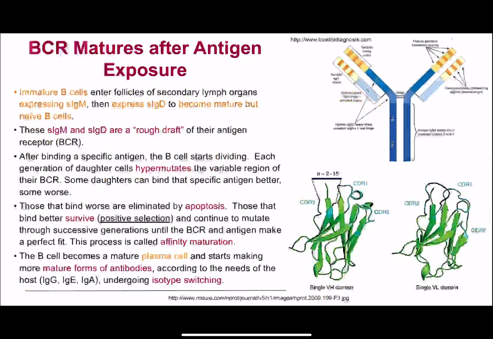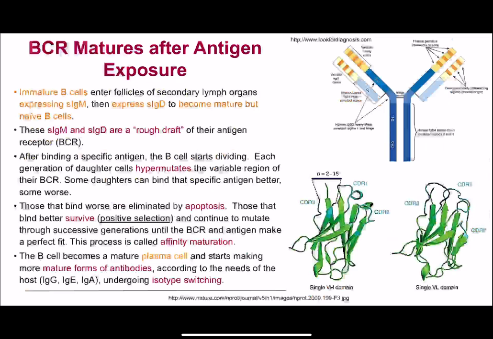It's always going to recognize the same thing, but it can go through some changes that make it recognize it better, with a higher affinity or avidity. This is called a process of hypermutation. Each time you see that antigen, you start recognizing it better. You make small point mutations in those CDR regions, those hypervariable regions, that increase the affinity of binding of that antibody molecule, of that B cell receptor.